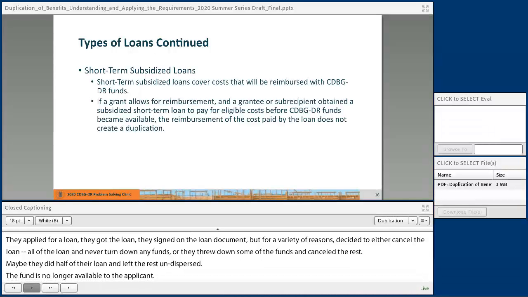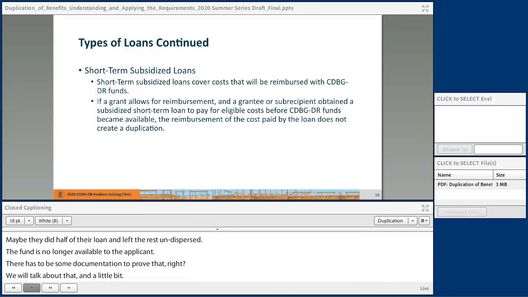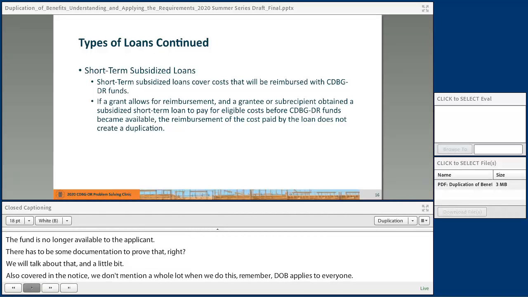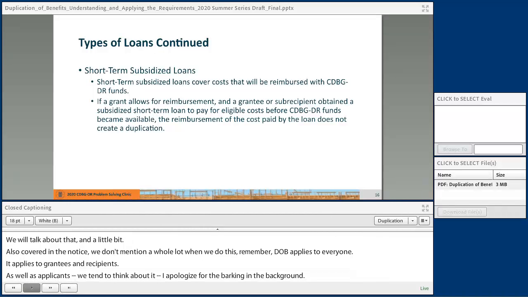Also covered in the notice, which we don't mention a whole lot when we do this, but remember DOB applies to everybody. It applies to grantees, it applies to subrecipients, and applicants. So we tend to think about it, and I apologize for the barking in the background if folks can hear that, only for our applicants, but it applies to grantees too.